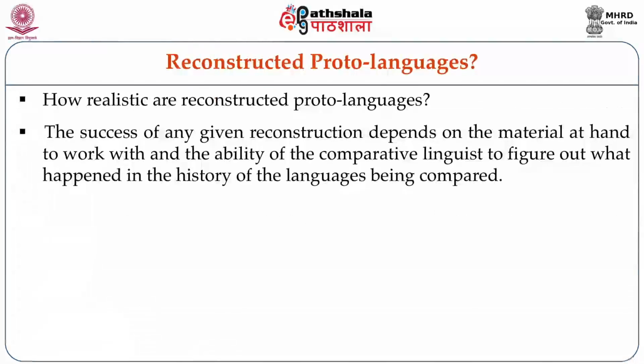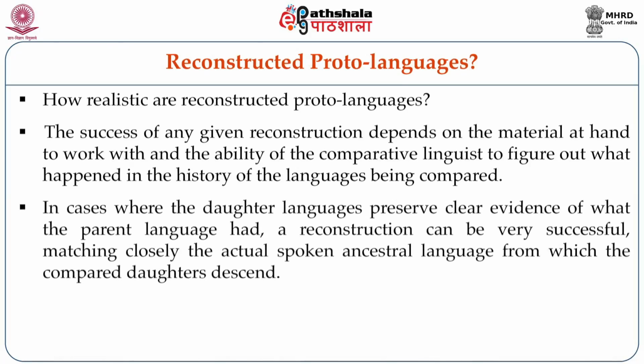The success of any given reconstruction depends on the material at hand to work with and the ability of the comparative linguist to figure out what happened in the history of the language being compared. In cases where the daughter languages preserve clear evidence of what the parent language had, a reconstruction can be very successful, matching closely the actual spoken ancestral language from which the compared daughters descend.